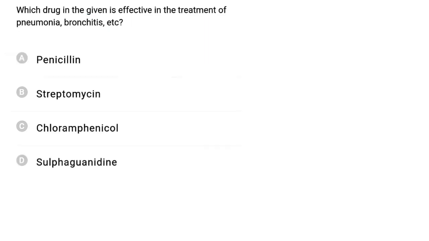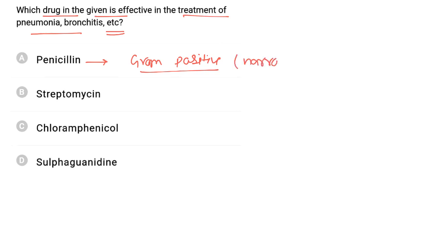In this question we have to find which drug in the given options is effective in the treatment of pneumonia, bronchitis, etc. Now penicillin is effective only against gram positive bacteria, so it is narrow spectrum, and narrow spectrum can be used for a particular type of bacteria.